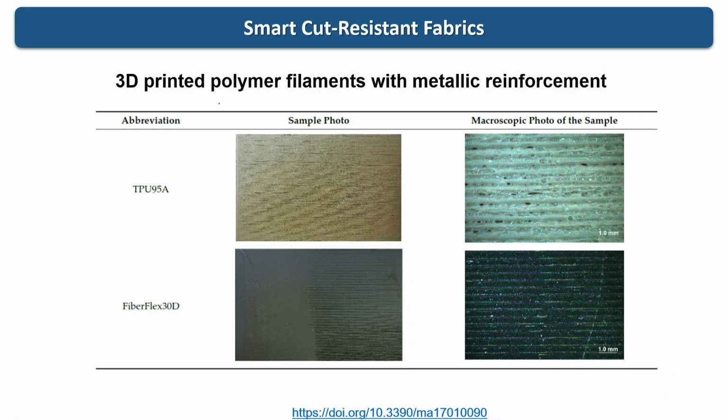The 3D printed polymer filament with metallic reinforcement. You can see that this is TPU 95A. This is one particular sample specification. This is the sample photograph, and macroscopic photograph. If we see here, there is a metallic reinforcement we can see.